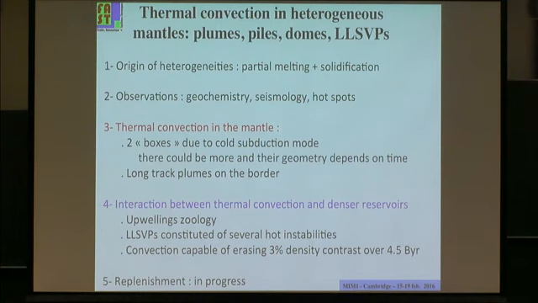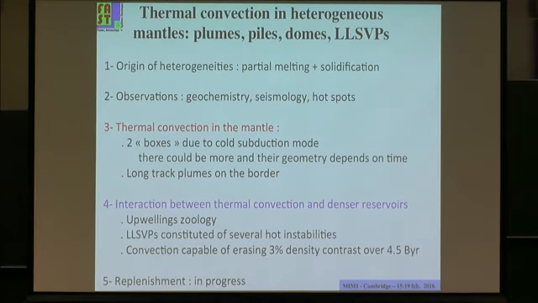So as a conclusion, we've seen that there are a lot of heterogeneities in the mantle, and this is because of partial melting, either initially or continuously through subduction. A lot of observations are pointing towards those density anomalies.